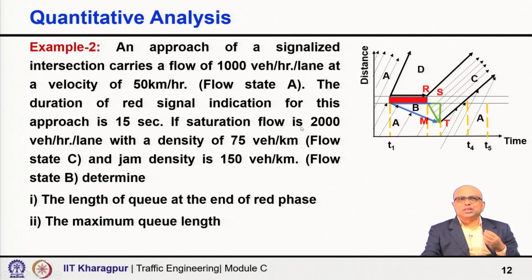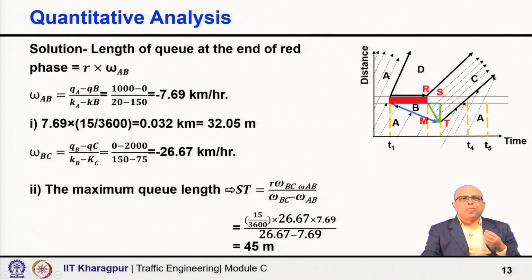So, you can calculate. Now we know the speed of shock wave AB and the speed of shock wave BC. Both are backward moving, one is forming, another is recovery. And then, what will be the maximum queue length?